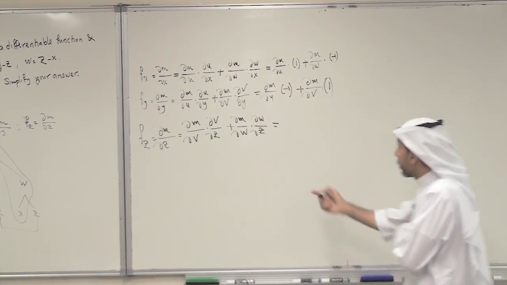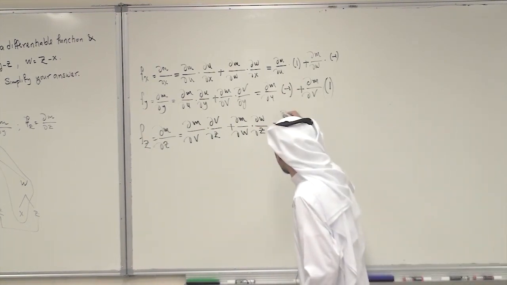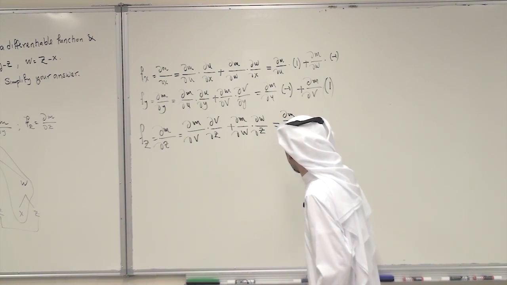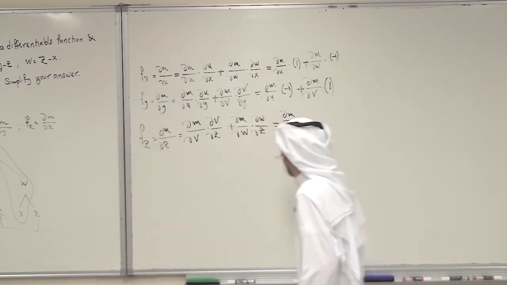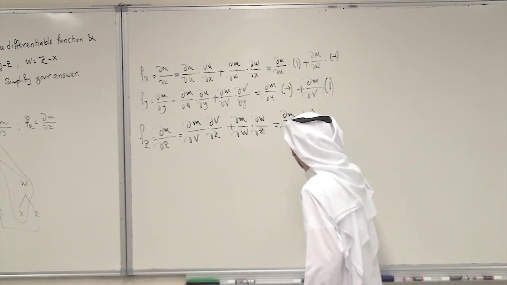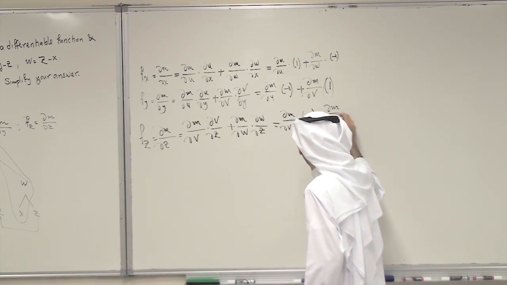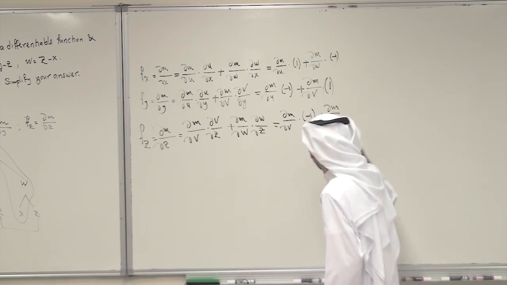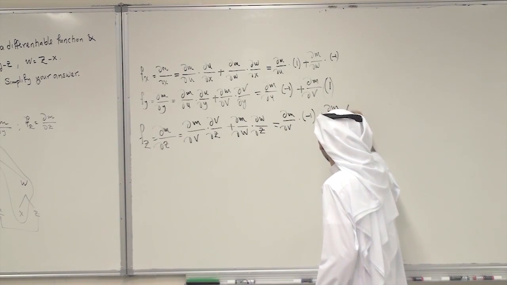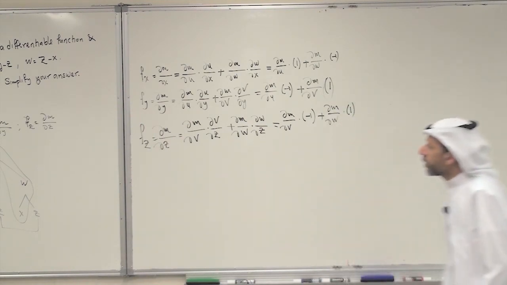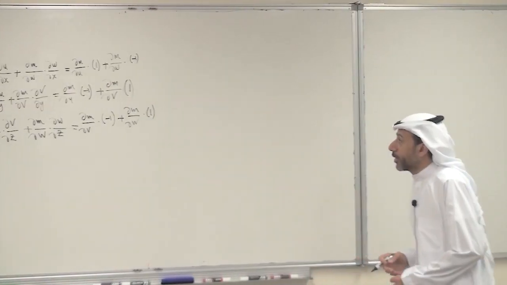Computing similar to what we did above, this is partial m, partial v times partial v, partial z. This is just minus 1, plus partial m, partial w times partial w, partial z. It is just 1. So this is the computation of the partial derivatives.